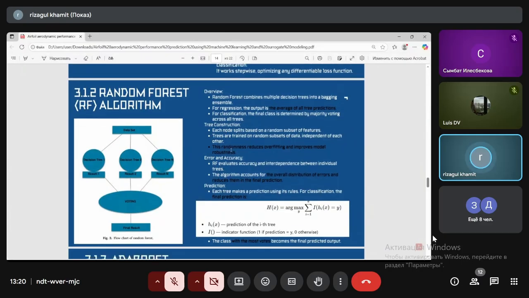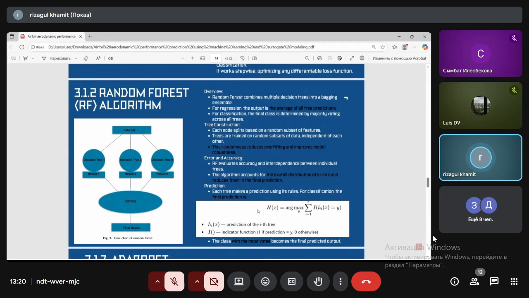Random forest evaluates accuracy and interdependence between individual trees. The algorithm accounts for the overall distribution of errors and reduces them in the final prediction. Each tree makes a prediction using its values.